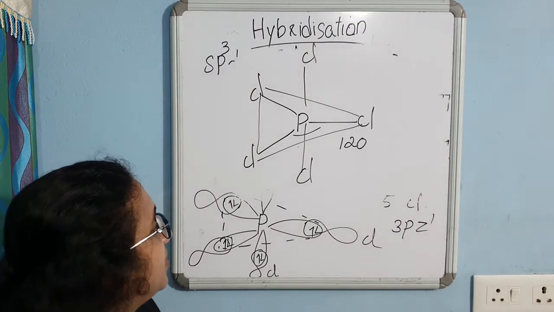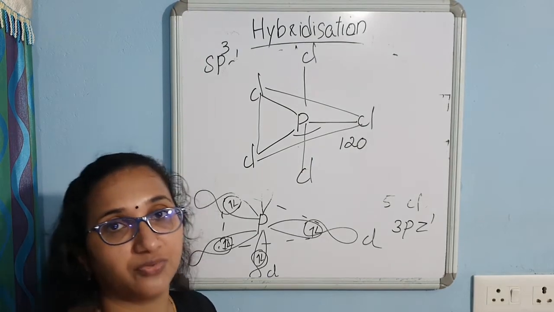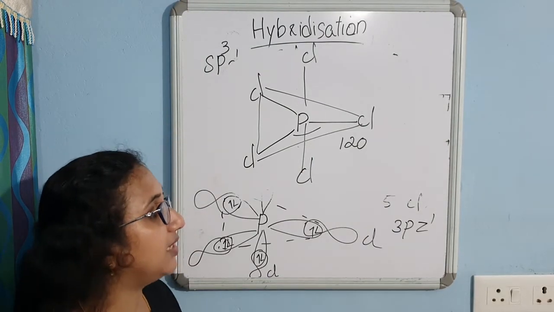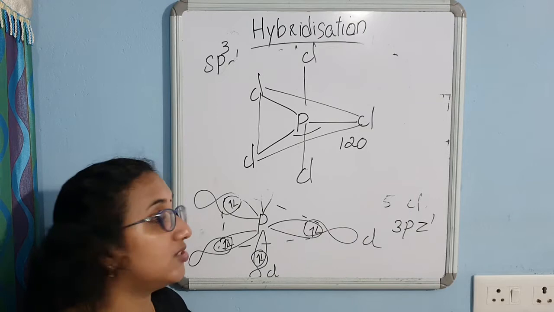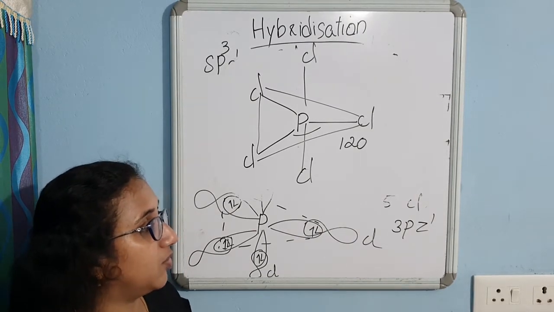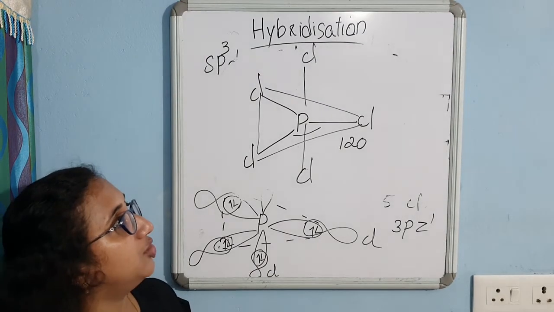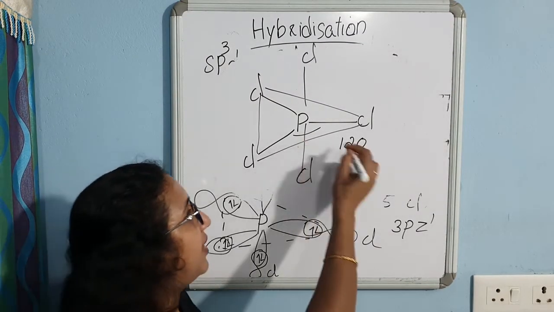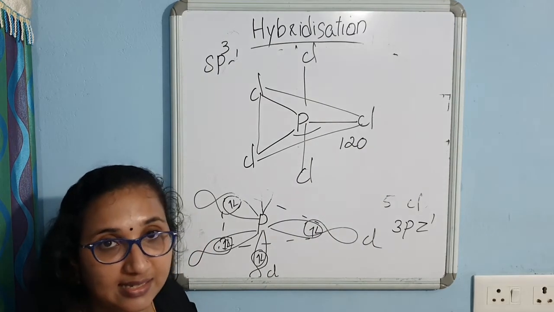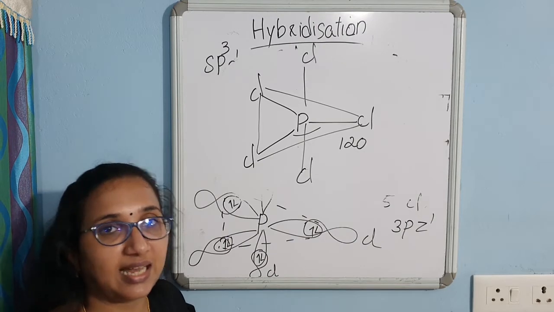Now each of the chlorine atoms with 3pz1 configuration overlaps with the half-filled hybrid orbitals of phosphorus atom to form a PCl5 molecule having trigonal bipyramidal geometry and two bond angles. The equatorial bond angles are 120 degree and axial bond angles 90 degree. So this is the sp3d hybridization.